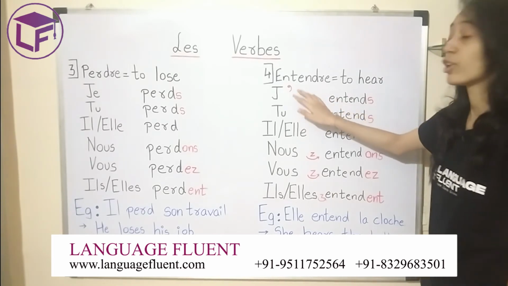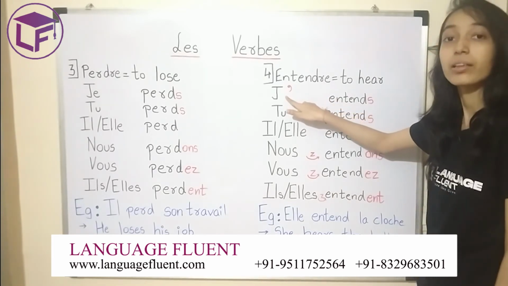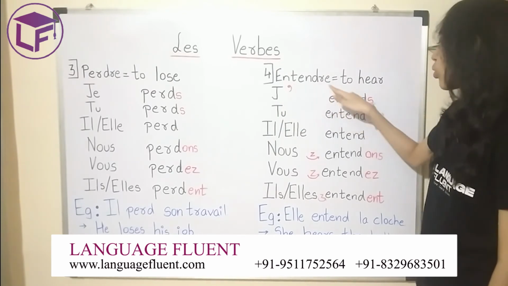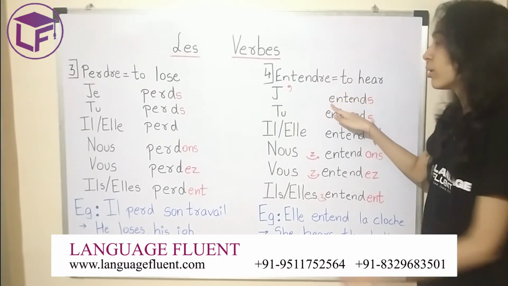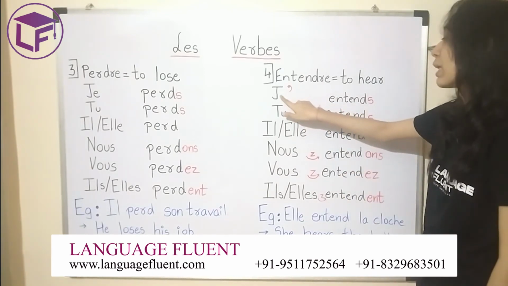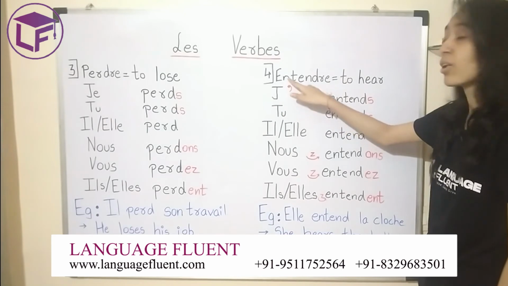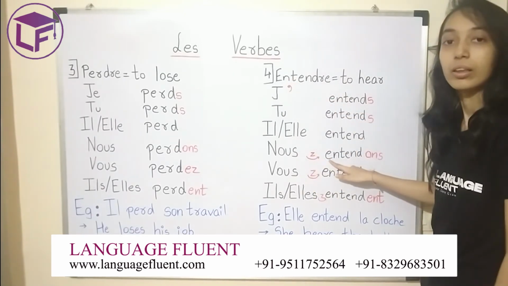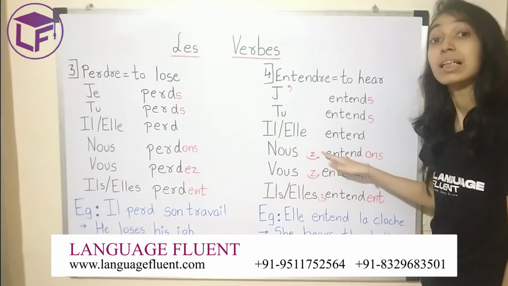Here again in je form I haven't written E because E and this E from the verb entendre, which starts with a vowel, are two vowels clashing with each other in je form, so we eliminate E and we add an apostrophe. And here S and a vowel, so we have liaison.